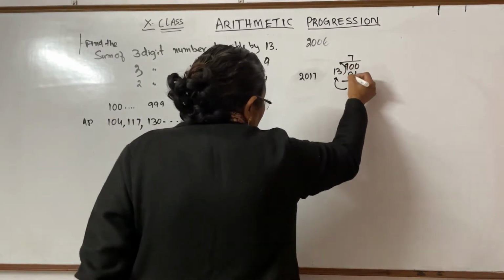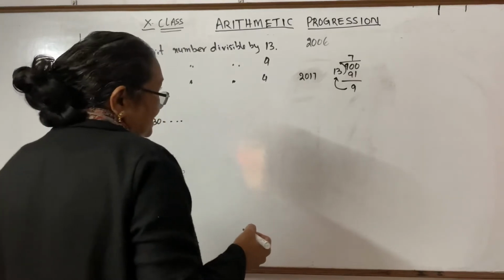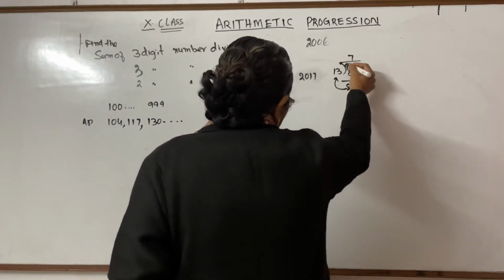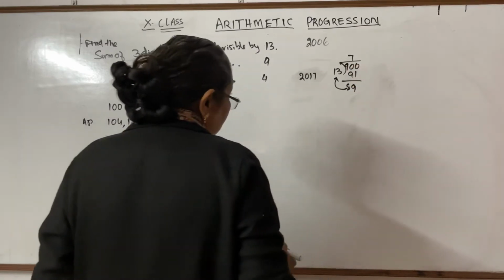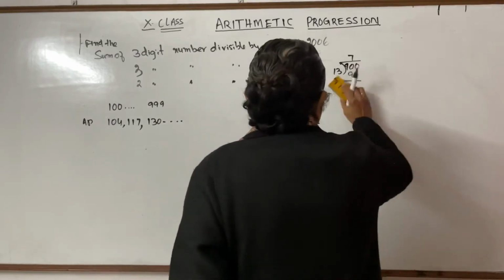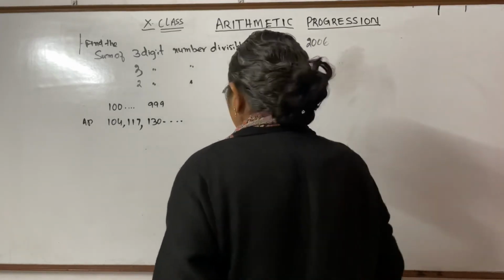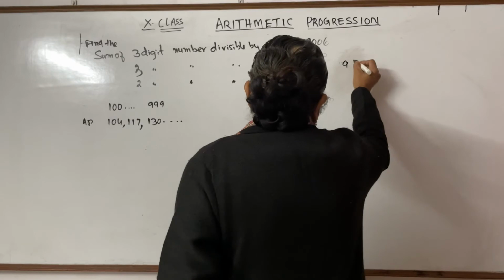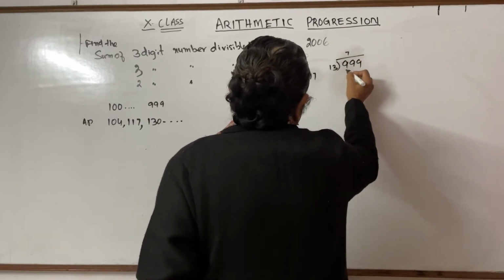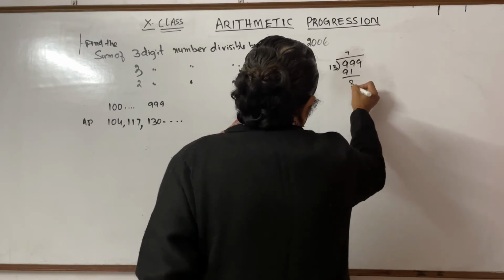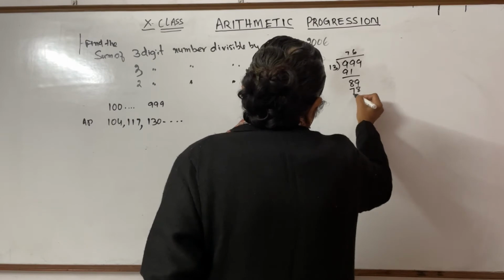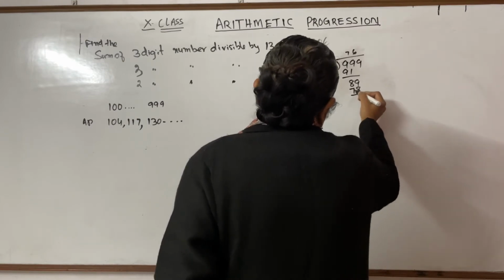999 divided by 13. 13 7s are 91. 9 minus 9 is 0, 9 minus... 13 6s are 78. 9 minus 8 is 1.